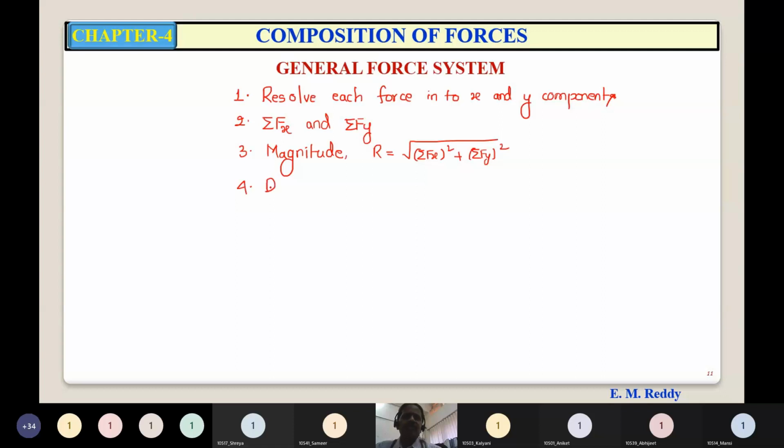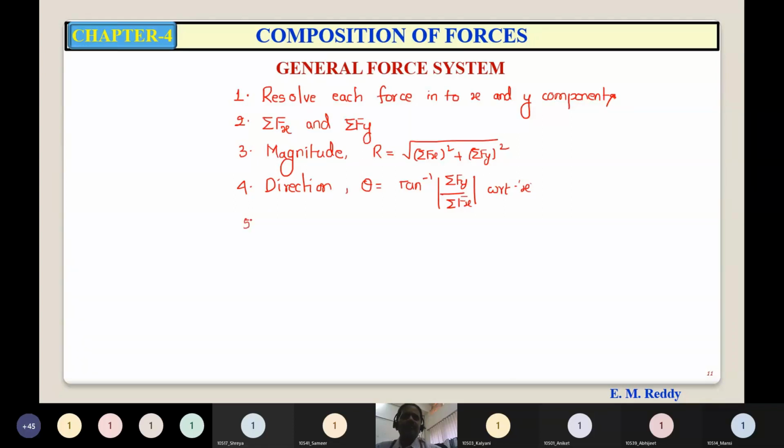Then the direction of resultant is tan inverse of summation Fy upon summation Fx. This is with respect to the x-axis. Now the sense of the resultant you can get from the signs of summation Fx and summation Fy.